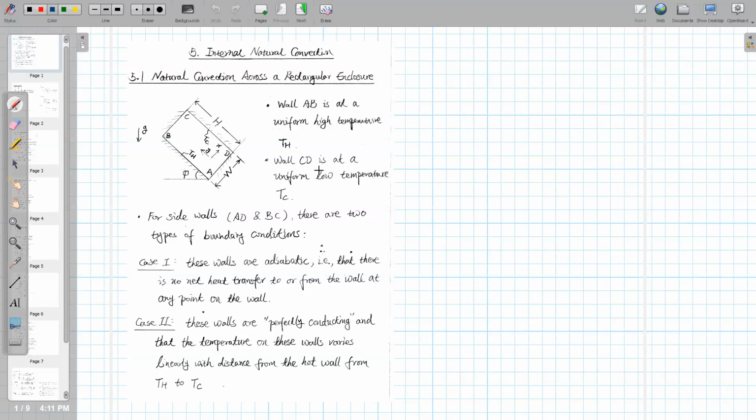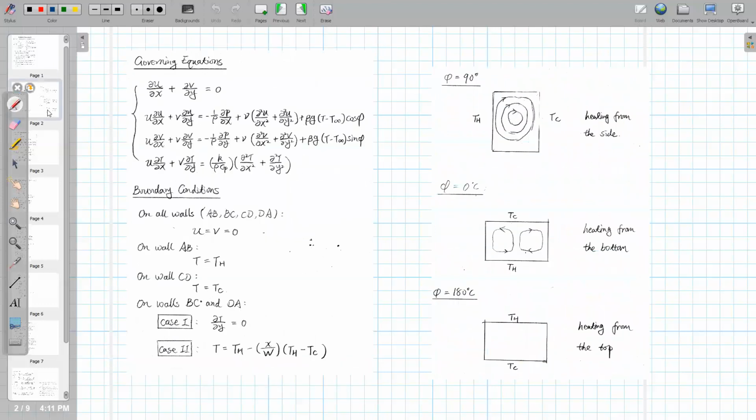So we will try to see what the natural convection looks like in this problem. Let's consider the case when phi equals 90 degrees.